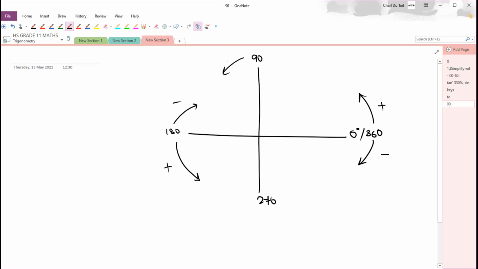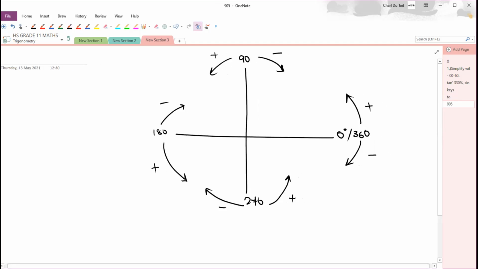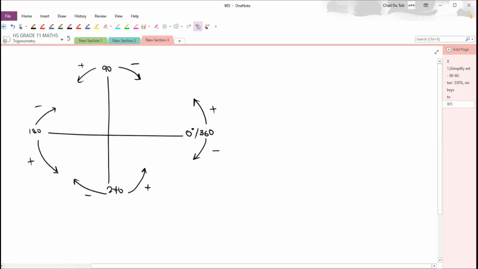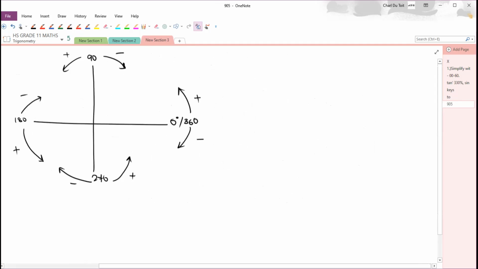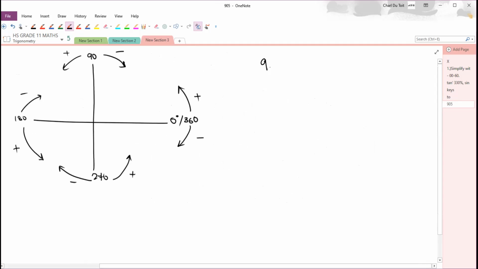You can work with 90 plus or 90 minus, or 270 minus or 270 plus. Now, the minute you work with 90 plus minus, or 270 plus minus, these are called co-functions. Sin then becomes cos, and cos becomes sin.